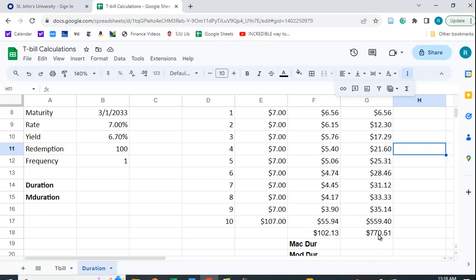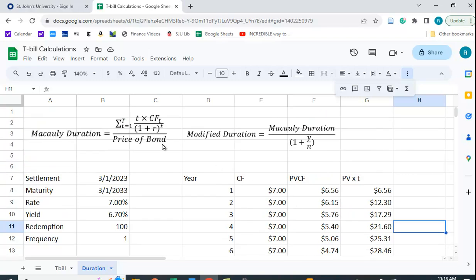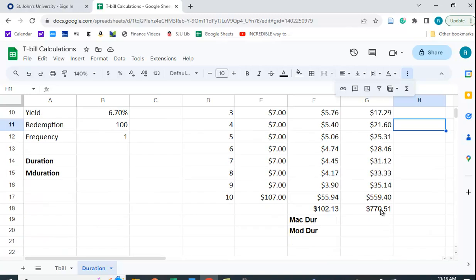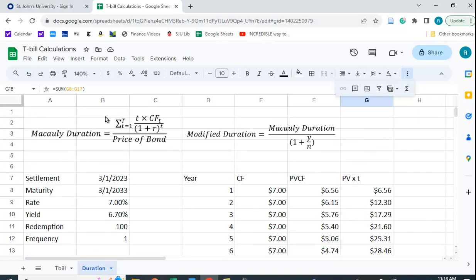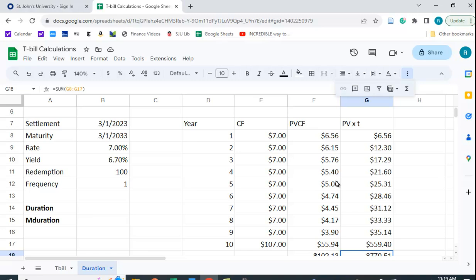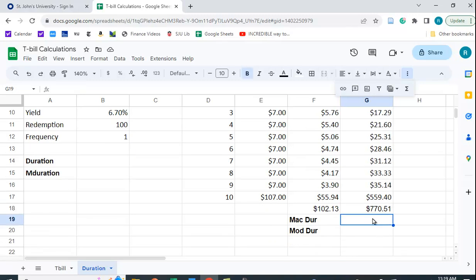So the Macaulay duration would be this, right here, which is the numerator, and then we divide by the price of the bond. So I'm going to say equals this divided by this, and I get 7.544. That's about the average amount of time you wait to get your money.